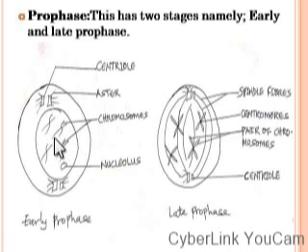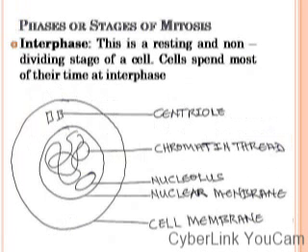This is one sister chromatid. This is another sister chromatid. They are attached at the center here. The structure that attaches them together is known as the centromere. Then if you look, the nucleolus shrinks here. If you look at the nucleolus at the interphase, it is bigger here.